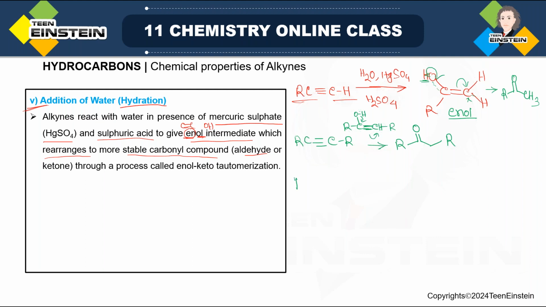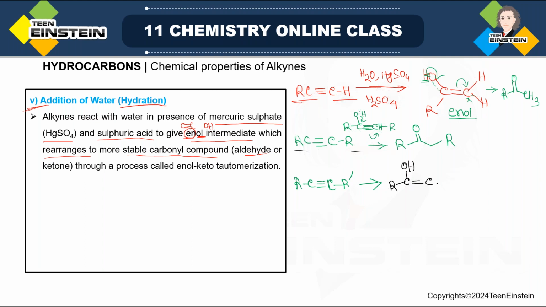Another possibility is if we take two different types of R groups. One side we have R group, another side we have R prime. Whenever we have two different substituents, there is a possibility of formation of two different types of enol, because now both sides have different R groups. It is not like the previous one where you have the same R group. That is why two types of enol formation are possible.